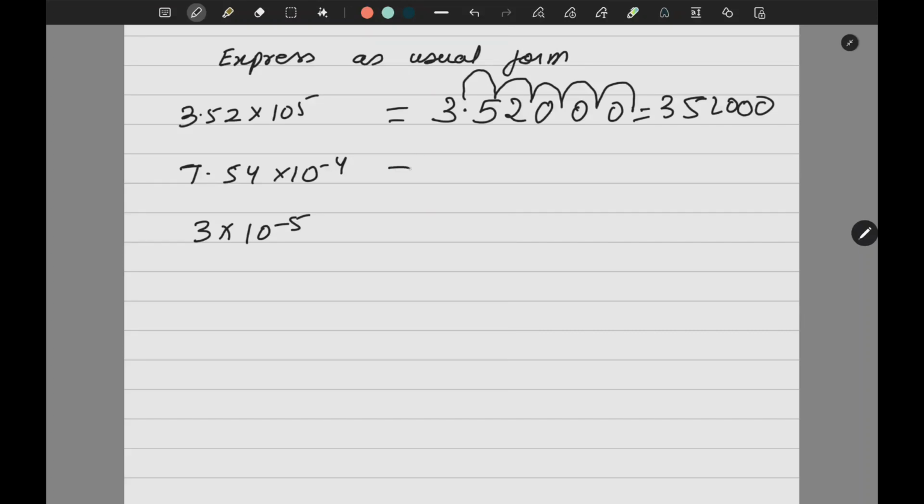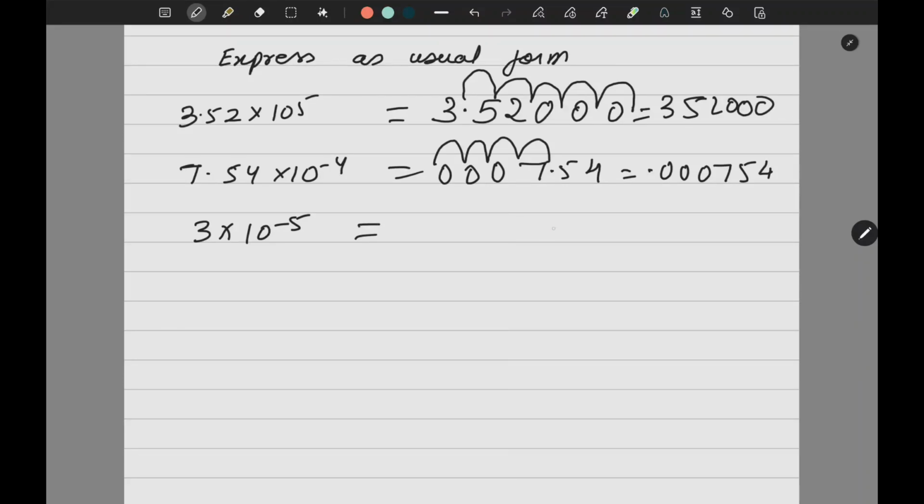Okay. Now this one I should do 4 jumps but on the negative side. So I have 7.54. So 1, 2, 3, 4. 0, 0, 0. So my answer will be 0.000754.